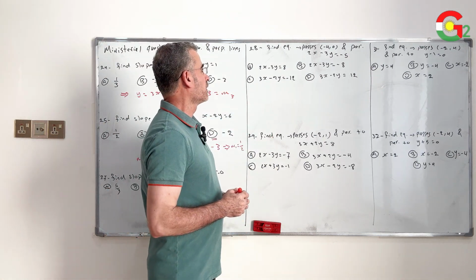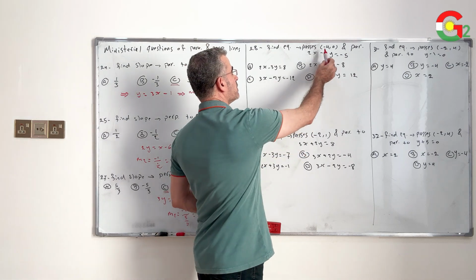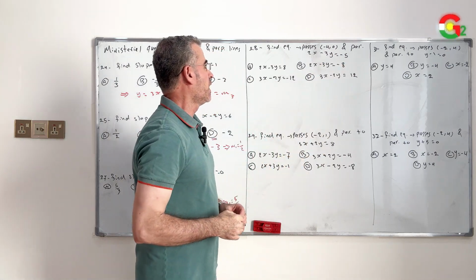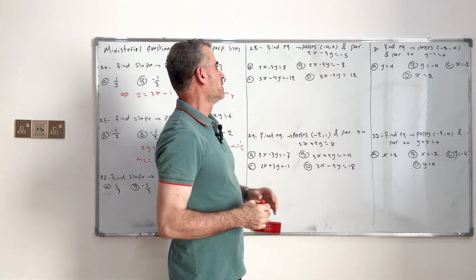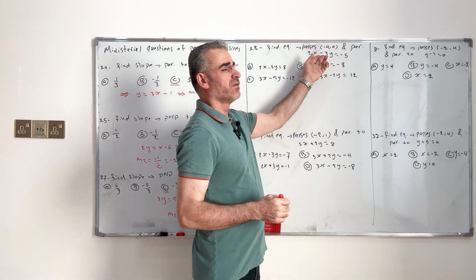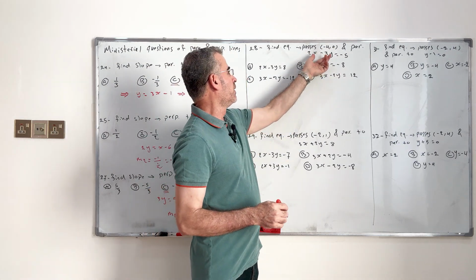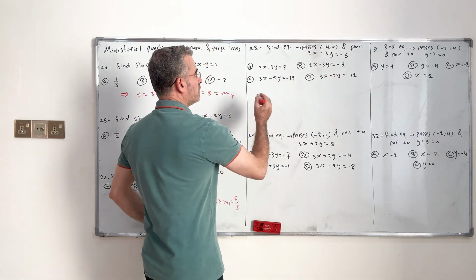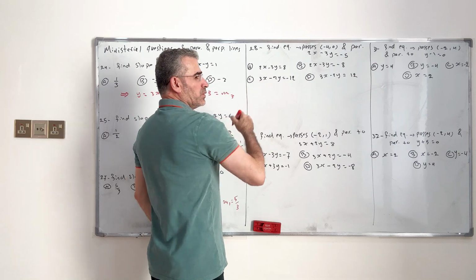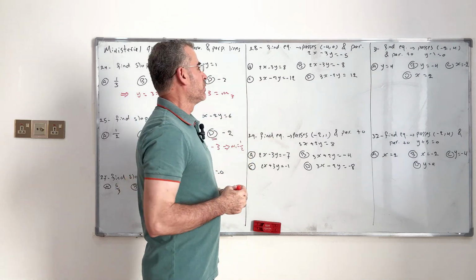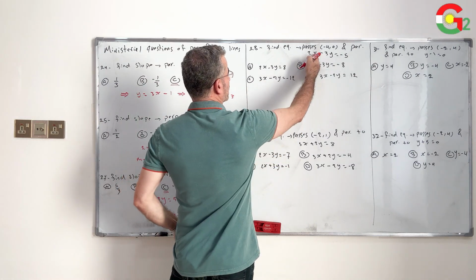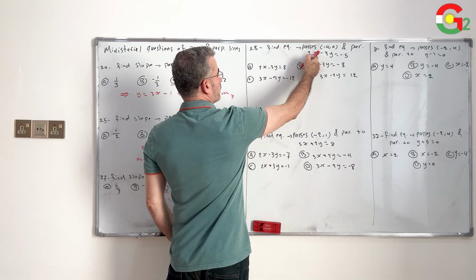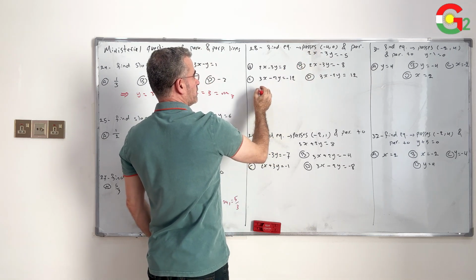Question number 28. Find the equation of the line that passes through the point negative 4, 0 and parallel to the line. Since I have the point, I'll find the slope from the parallel line and substitute in the point-slope equation to find the needed equation. Let me find the slope from this equation.